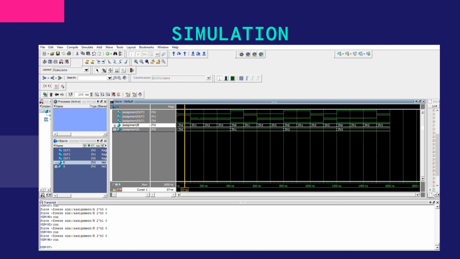We start with the 0, 0 case A and B where your output 2 was 1, followed by 0, 1, then 0, 2, where always output 1 will be 1 because A is lesser than B. When you have 1 is greater than 0, your output 3 goes to 1. 1 is equal to 1, your output 2 is 1. Again followed by output 1 being 1 since A is lesser than B.